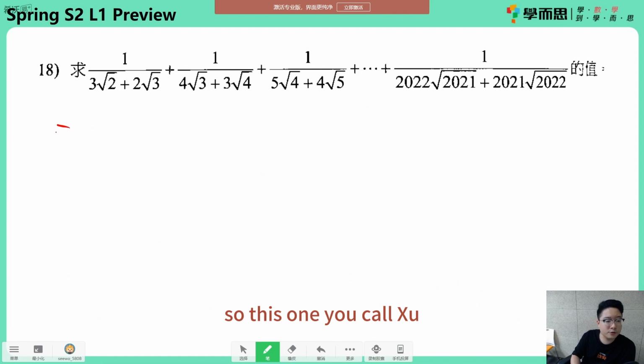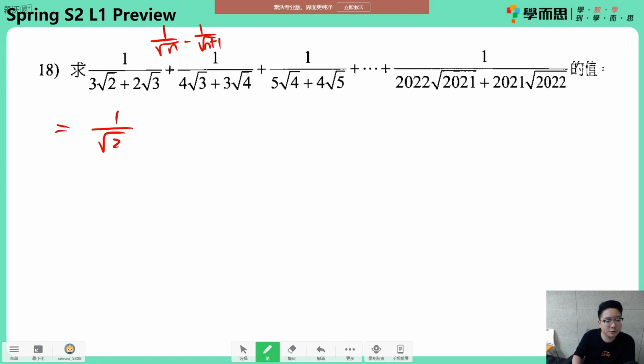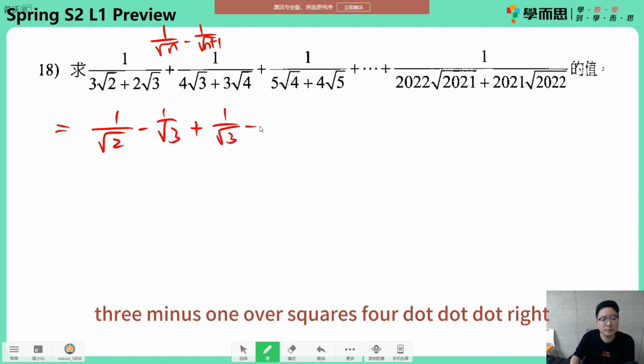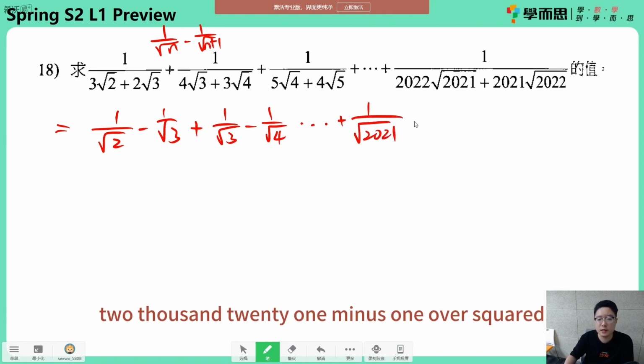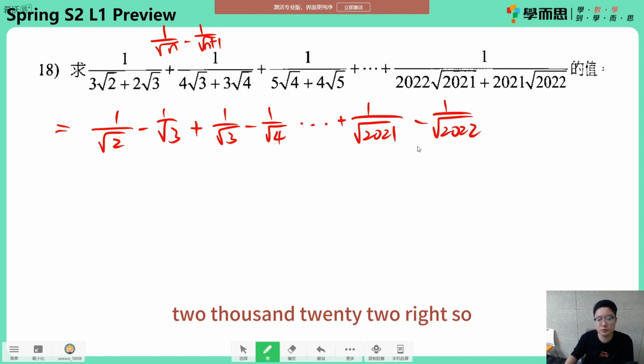So this one equals 1 over square root 2, right? And then minus 1 over square root 3, right? Plus 1 over square root 3 minus 1 over square root 4, dot dot dot, right? And then plus 1 over square root 2021 minus 1 over square root 2022, right?